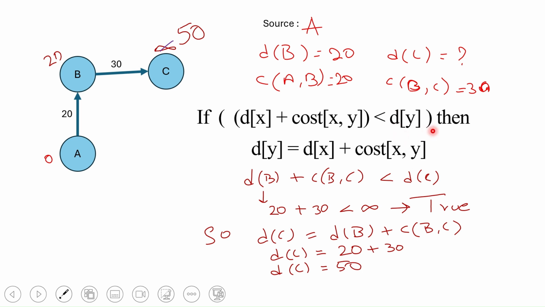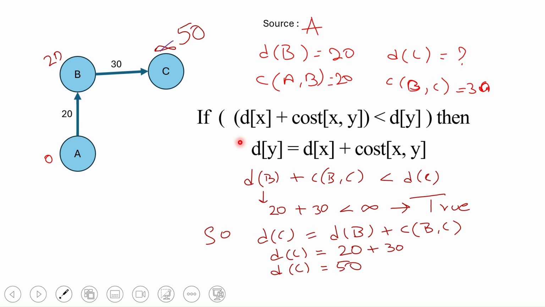If this is not true, then we'll keep the d of y value the same. So d of y is equal to d of x plus cost of the edge from x to y. This is the only formula we are going to apply in the total problem.